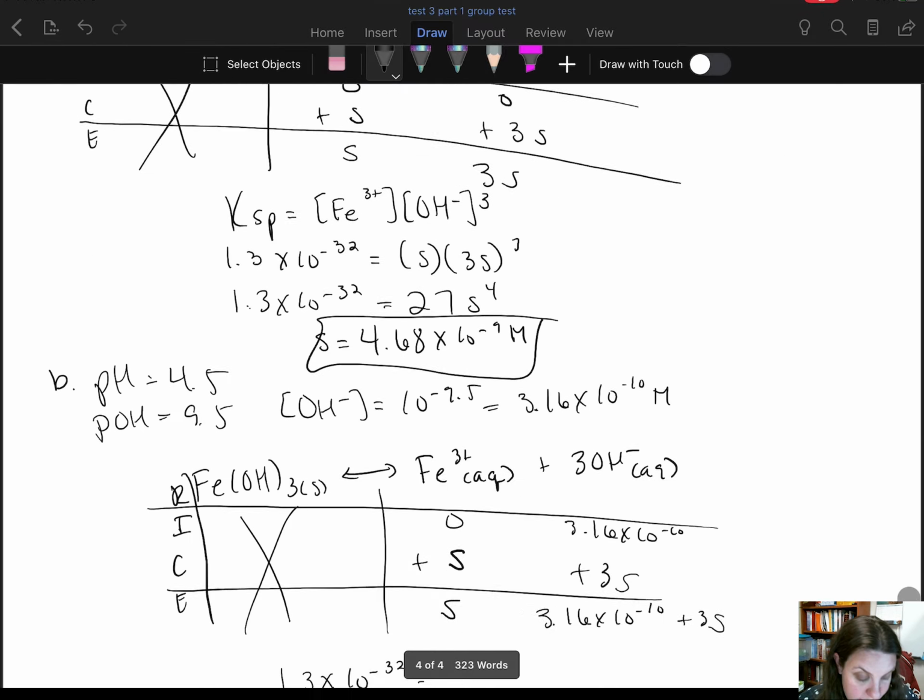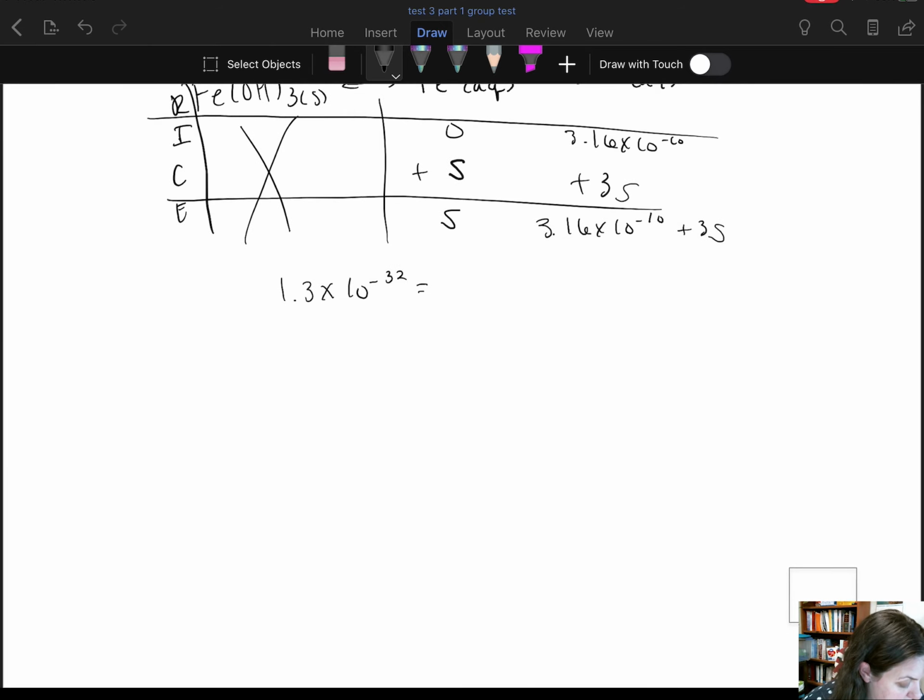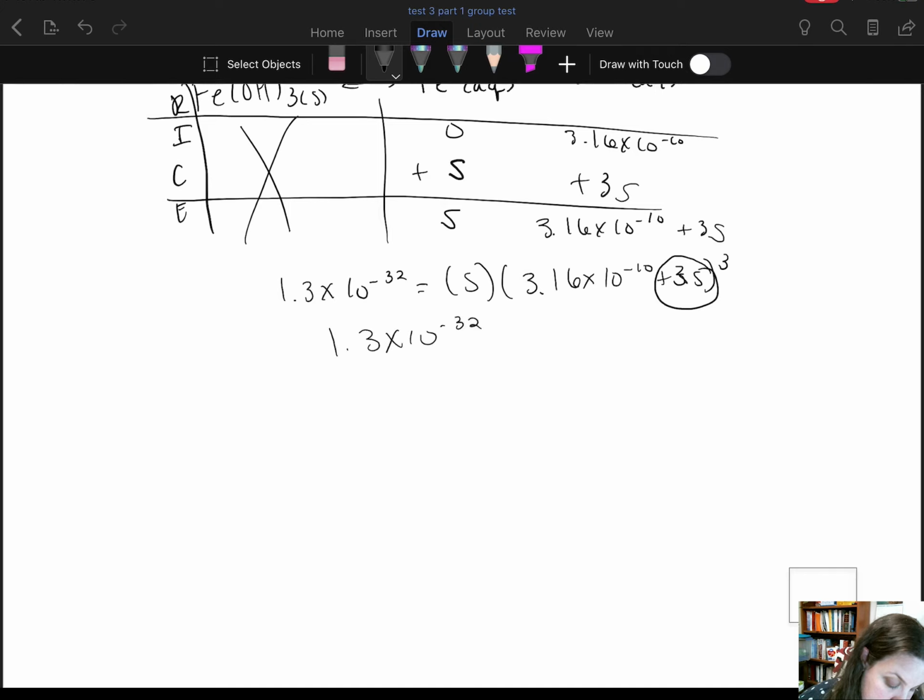1.3 times 10 to the negative 32 is equal to S times 3.16 times 10 to the negative 10 plus 3S cubed. We have a small K, so we can use small x, and we get 1.3 times 10 to the negative 32 is equal to S times 3.16 times 10 to the negative 10 cubed.